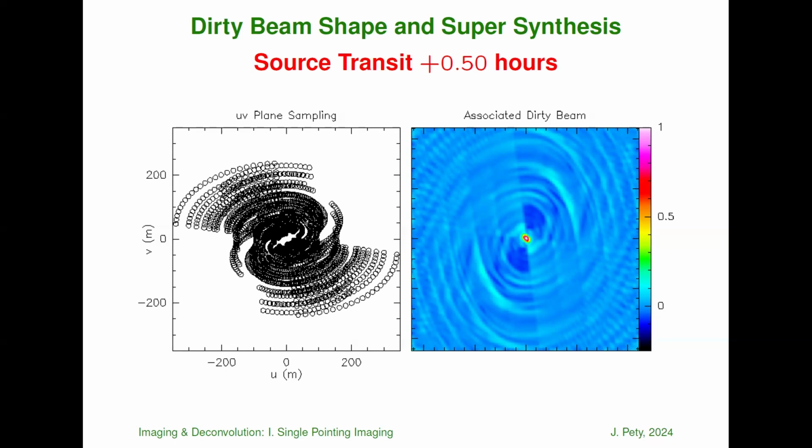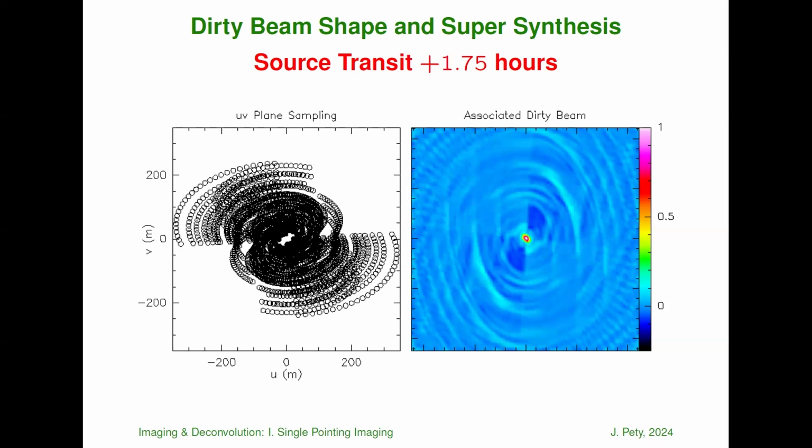The associated dirty beam, the response to a point source, is this one. But in fact, it's not completely perfect because you have part of the UV plane for which you have quite some negative side lobes close to the main lobe. And this is directly due to the fact that you have not sampled those parts of the UV plane.